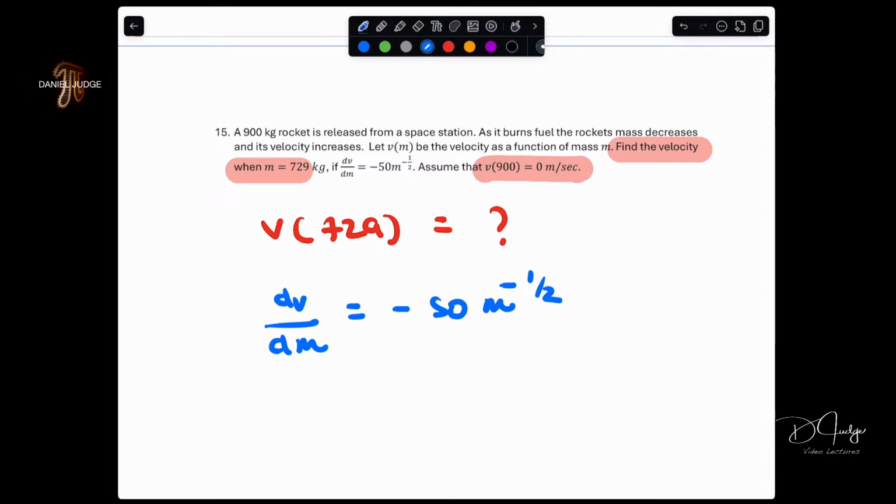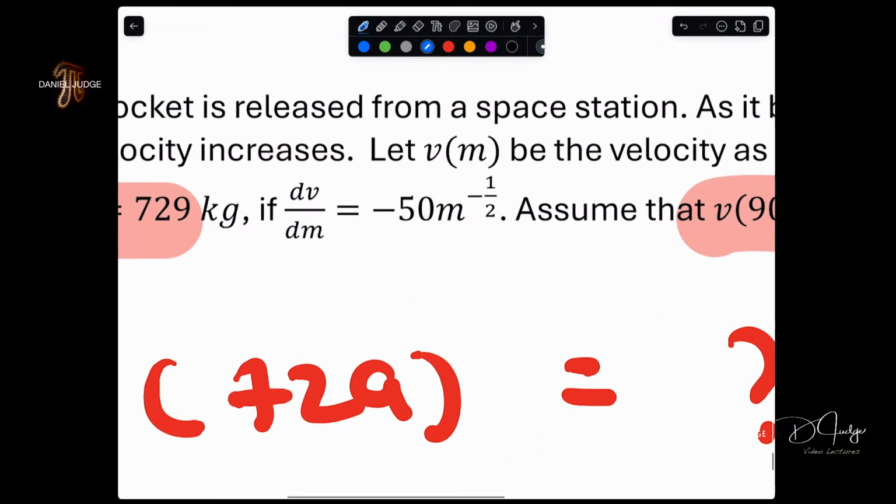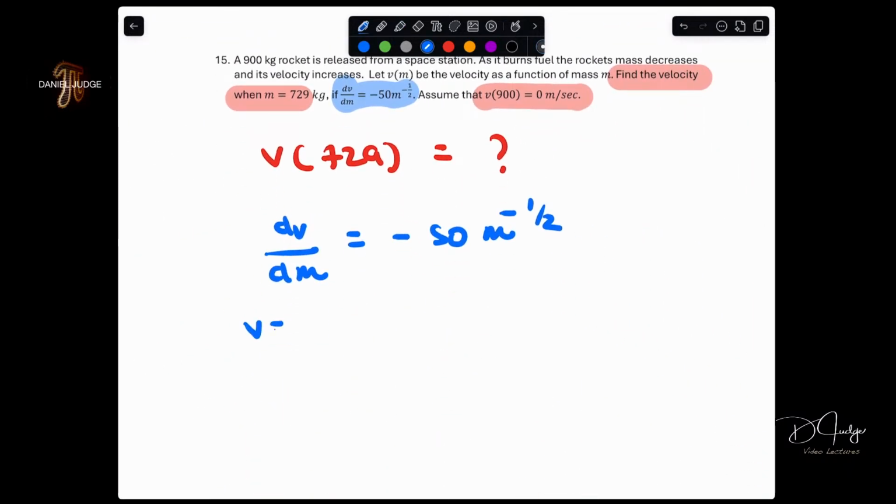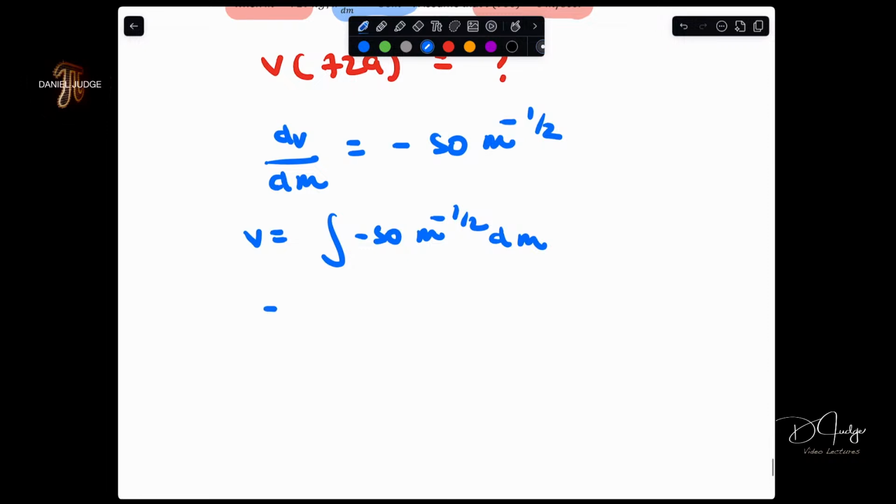Okay, so we really need the velocity function. They gave us the derivative of the velocity function right in here. So what is v? It's the integral of negative 50 m to the negative 1/2 dm. So let's get this.